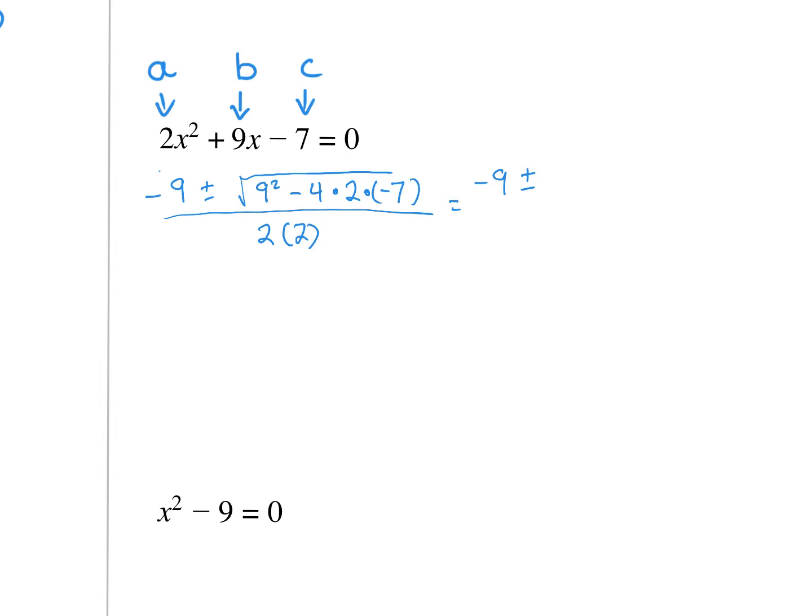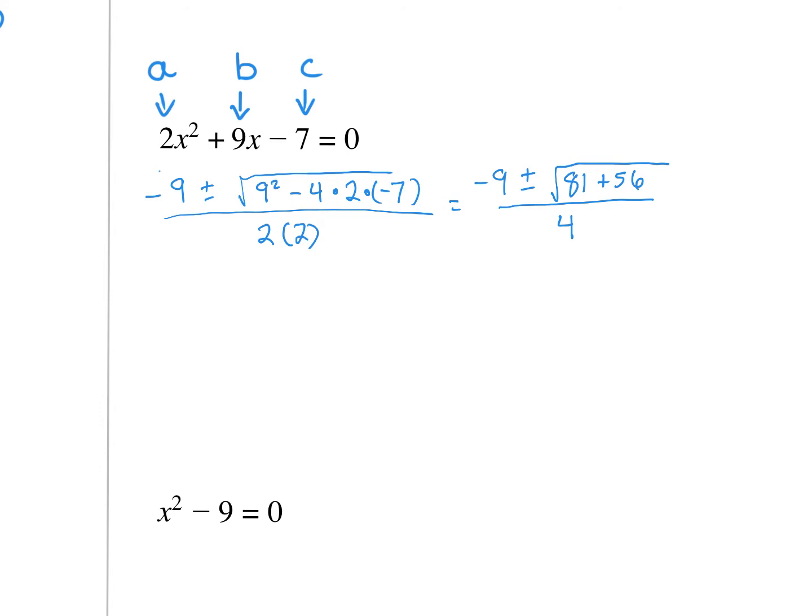That's where the plus or minus comes from. 9 squared, if I punch that into the calculator, is 81. Minus 4 times 2 times -7 in the calculator becomes +56, divided by 2 times 2, which is 4.